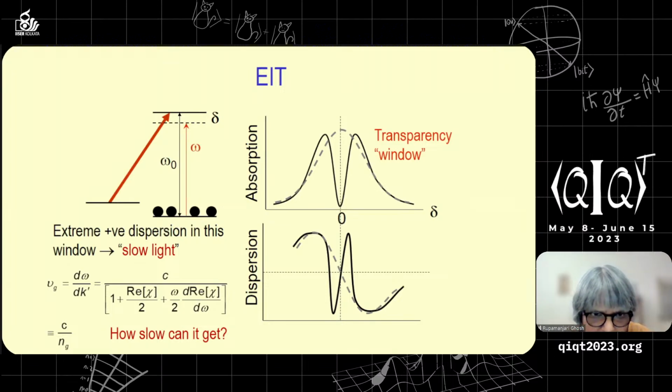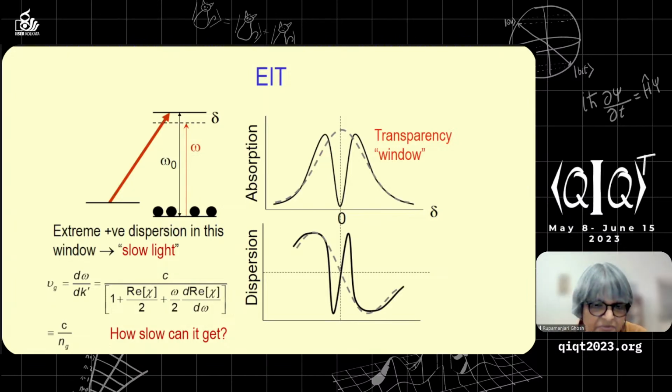So if I call the group velocity of light V sub G, then the dispersion relationship basically tells you that it would be c divided by Ng, the first order dispersion. That Ng is the group index, which is greater than 1. So the group velocity inside the material is always less than c. c is the free space speed. Now, that's nothing surprising, but Ng could be of the order of 1.5, 1.3.